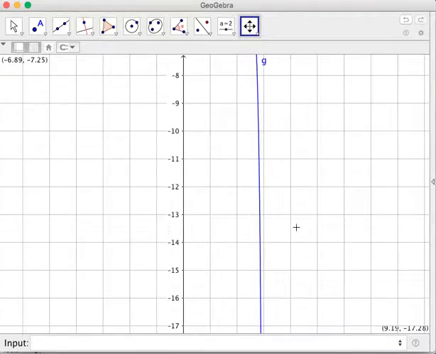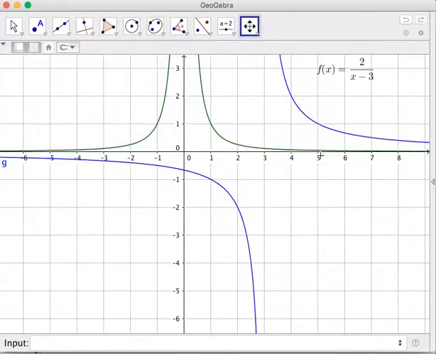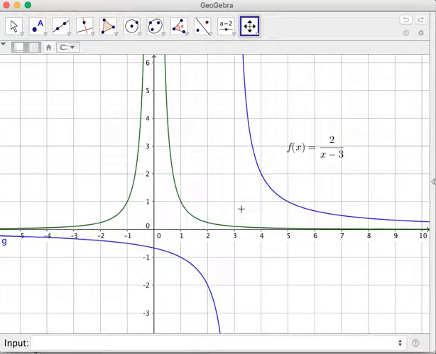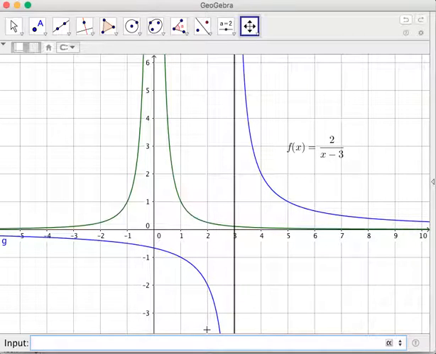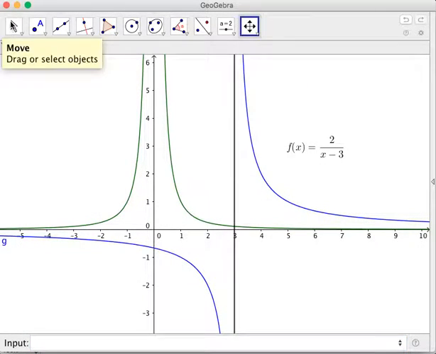So yun ang dapat importante na malaman nyo. So, x equals 3, pwede natin i-type, x equals 3 is actually a vertical asymptote of the function. So, we can remove the graph.